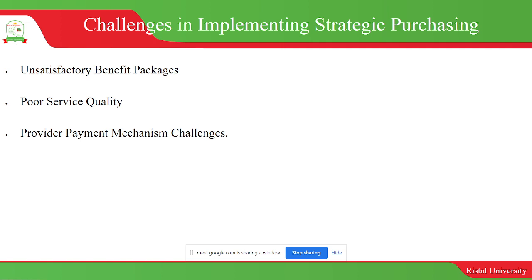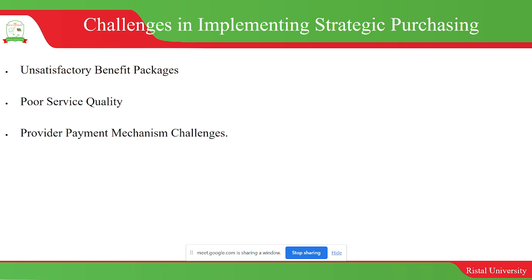The challenge with strategic purchasing is that it is what is recommended, but it comes with its own challenges. It's very hard to get providers who can really provide you with benefit packages that meet the needs of the population.